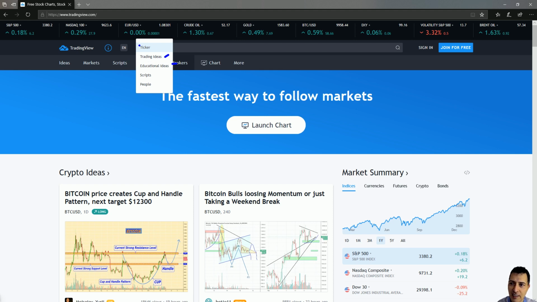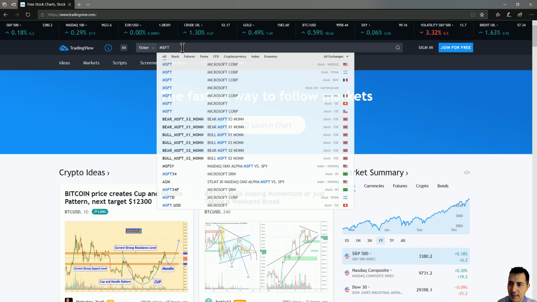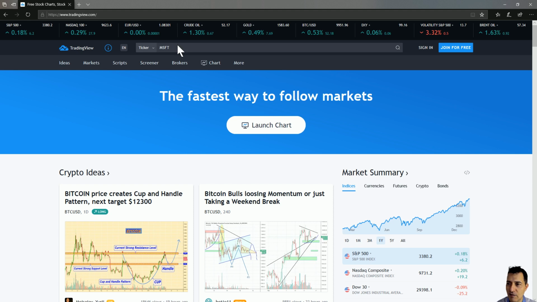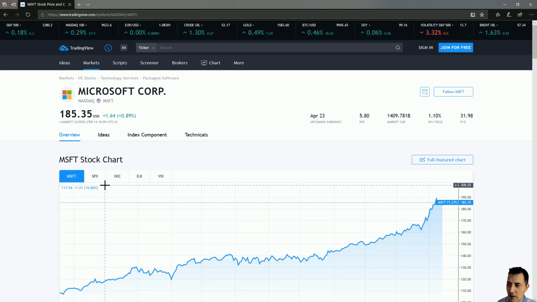And finally, ticker, well, that's what it is. As I said, if you were to type MSFT, for example, which is Microsoft, then you get access to all the Microsoft products. Microsoft that trades in the US, Microsoft that trades in Argentina. If you scroll down, Microsoft CFDs, etc. And then if you were to hit enter, you get information about the chart of Microsoft.